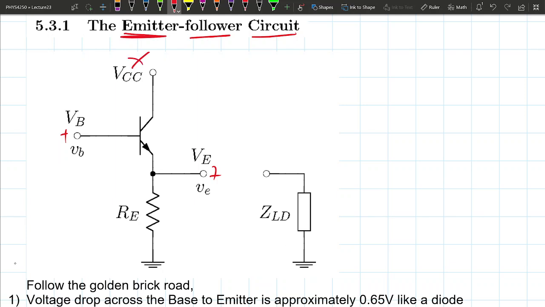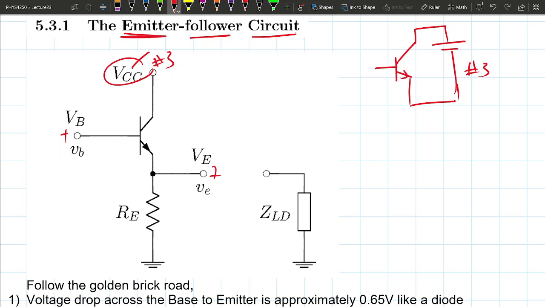When people write VCC, what you're assuming is that you basically connected your collector to some high voltage supply that allows you to fulfill criterion number 3. This basically says, I connected this to a 15 volt constant supply so that whatever is going on in between is going to be able to supply at least 15 volts to the output.